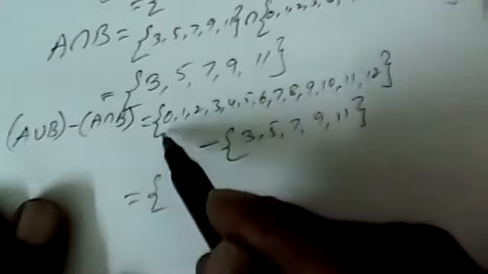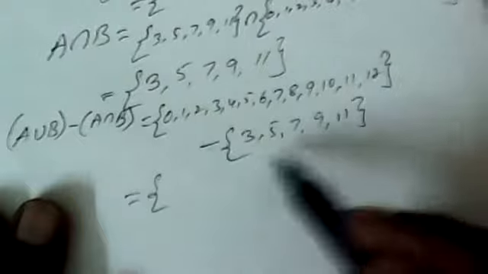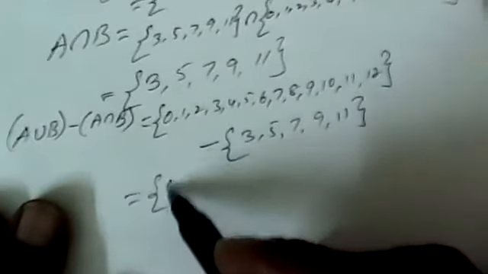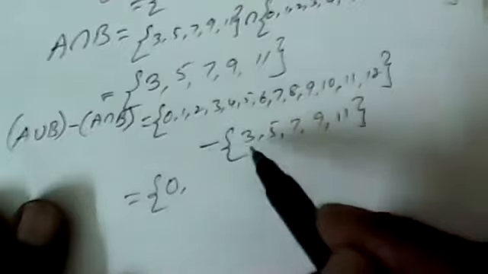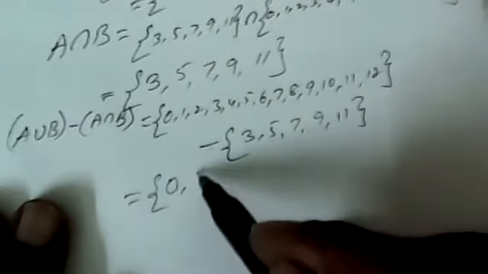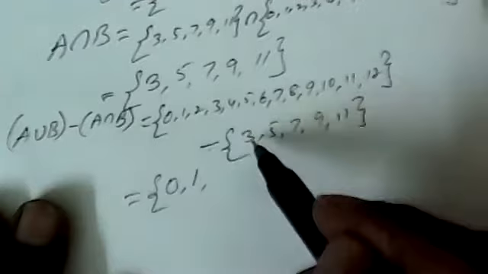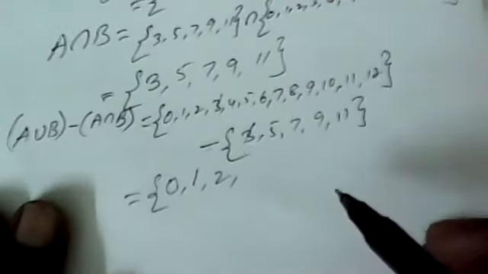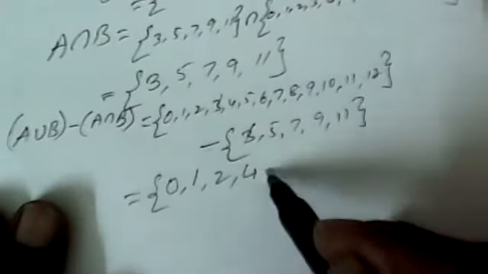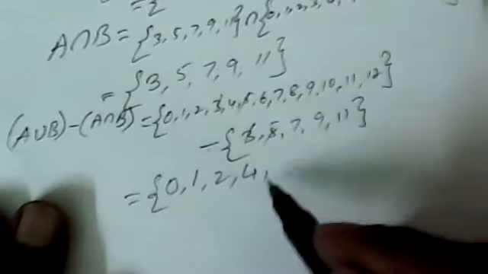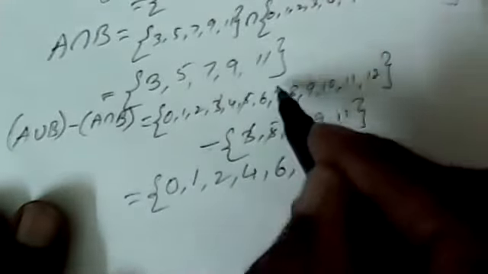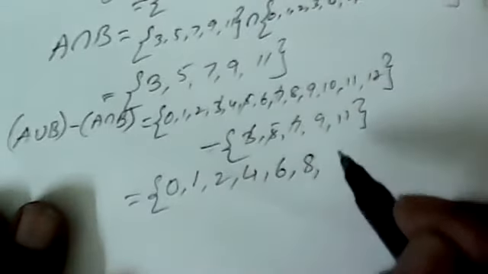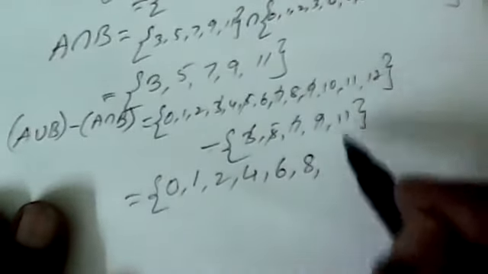So 0. Let us see 0. 0 is not here, so we can write 0. 1 is also not there, we can write 1. 2 is also not there, we can write. 3 is there, so we cut it. 4 not there. 5 is there, cut it. 6 we can write. 7 is there. 8 we can write. 9 is there. 10 we can write. 11 is there.